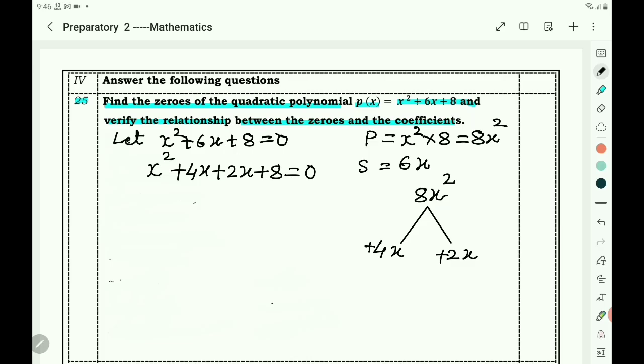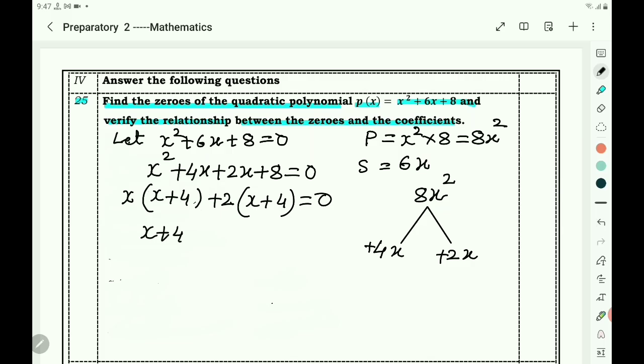Equals 0. Then x square plus 4x, here you take x common, and in the bracket x plus 4. Then 2x plus 8, remove 2 common, in the bracket x plus 4 equals 0. Now take x plus 4 as a common bracket.